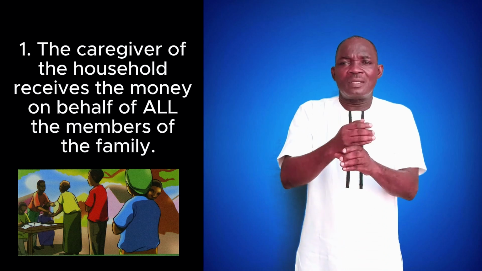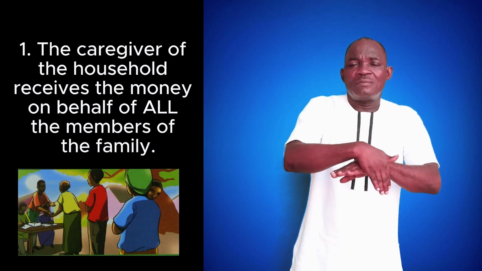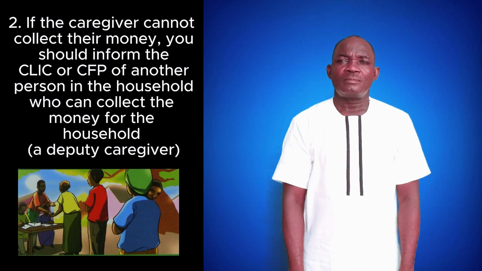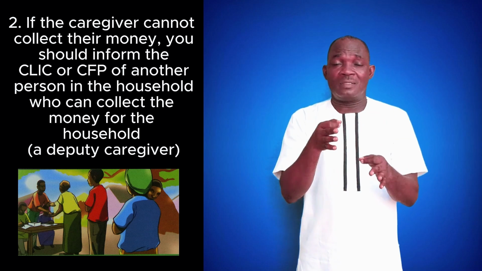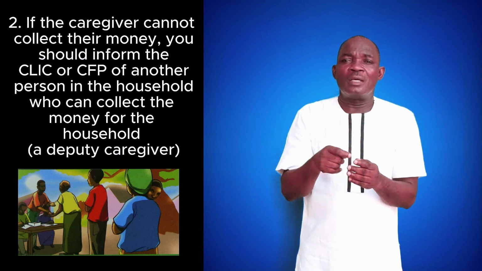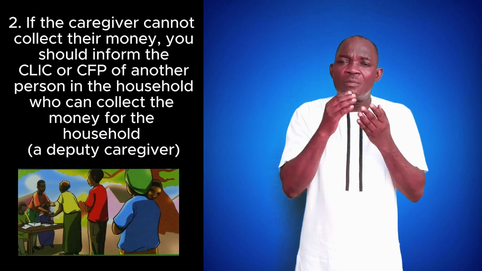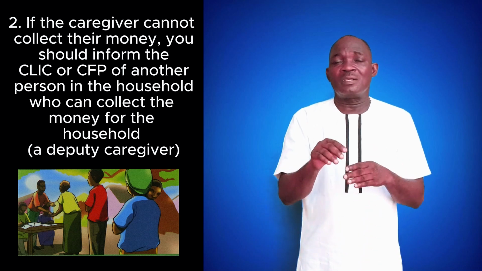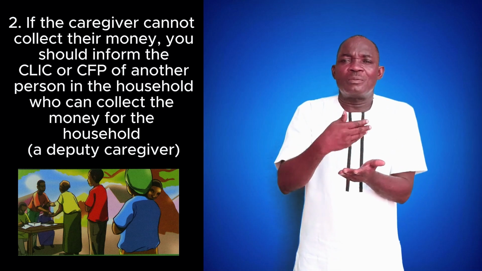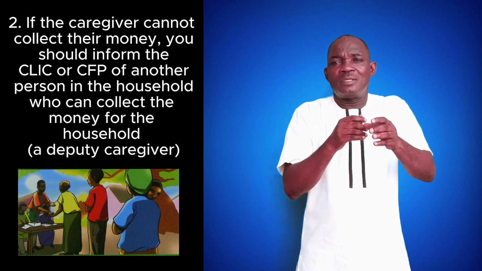The caregiver of the household receives the money on behalf of all the members of the family. 2. If the caregiver cannot collect the money, you should inform the CLIC or CFP of another person in the household who can collect the money for the household. That is, a deputy caregiver.